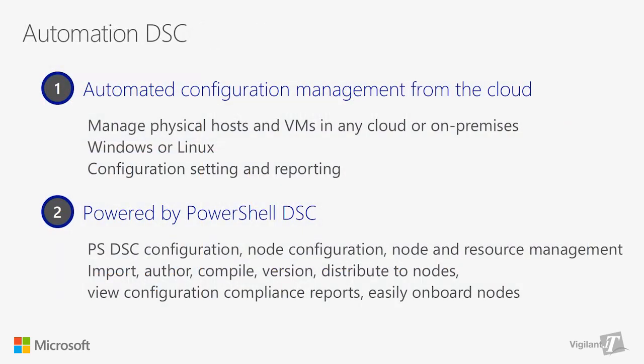DSC is also now fully integrated with Azure Automation. With Automation DSC, you can now ensure that your configuration management is automated, ensuring consistency across your servers, on premises or in the cloud, across Windows or Linux. If you already have DSC in place, you can import the configuration files, compile them and easily distribute them to new or existing servers.